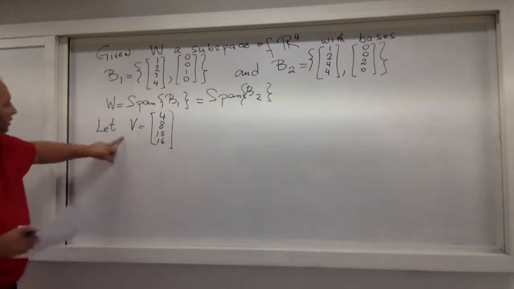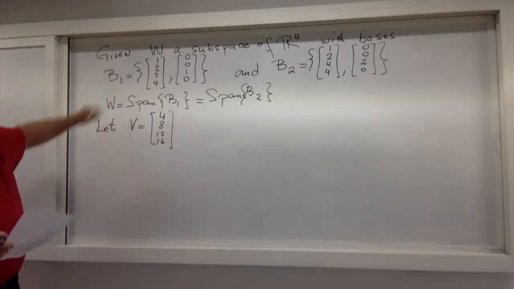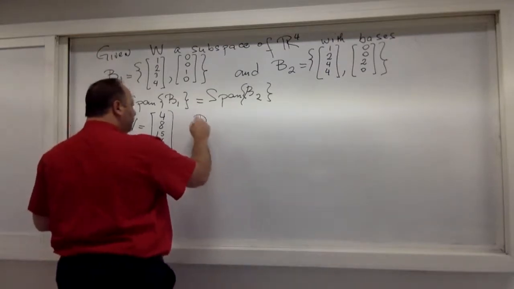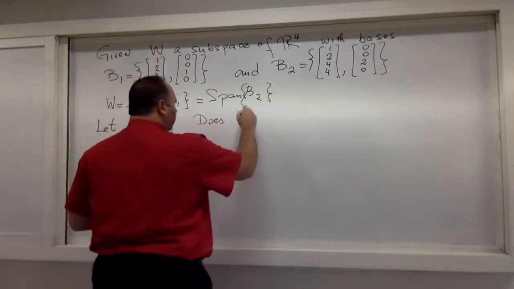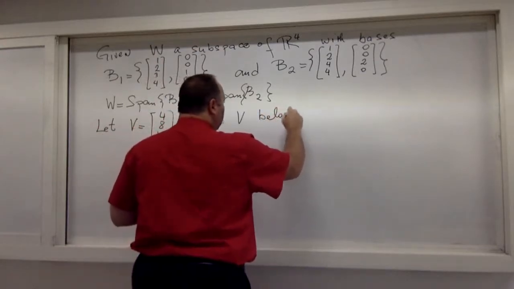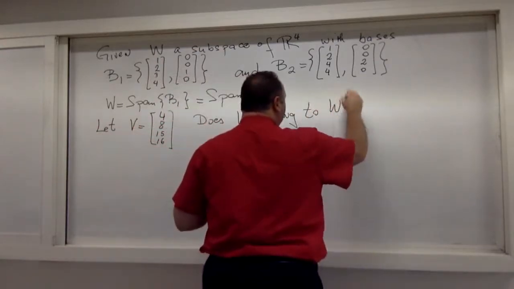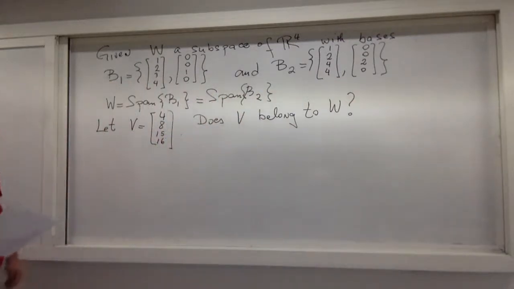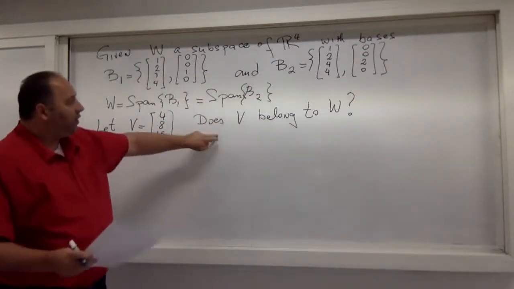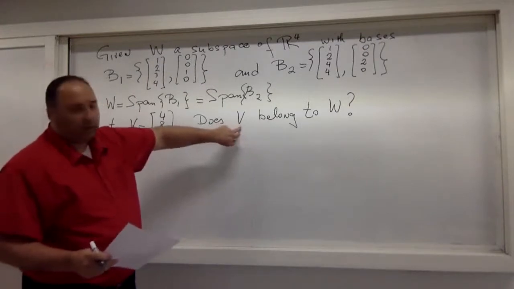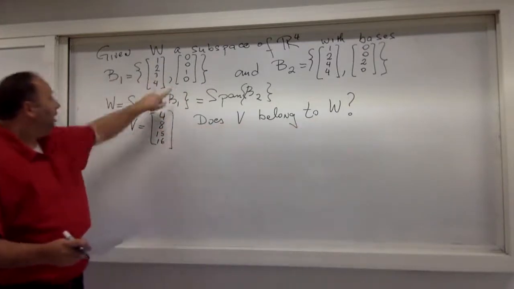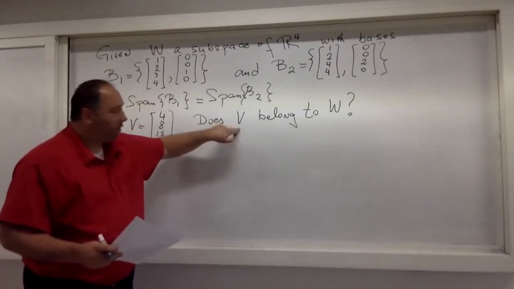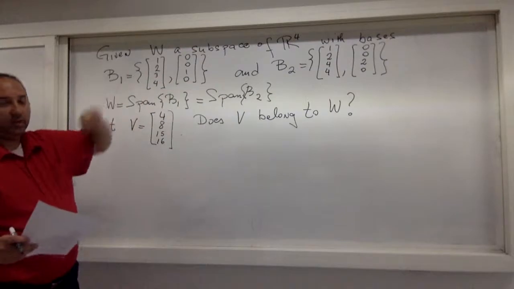So the first question is, okay, it belongs to R4, but does it belong to W? How can you know? What's the procedure? Well, we learned that a long time ago. If I want to know if a vector belongs to a linear space and I have a basis for that space, all I need to check is, can I write the vector V as a linear combination of basis vectors?